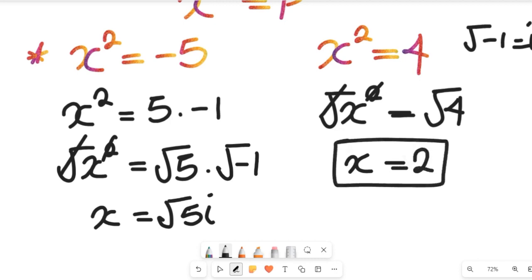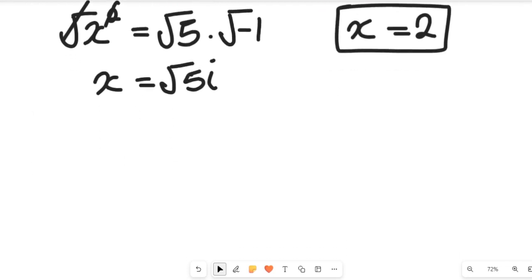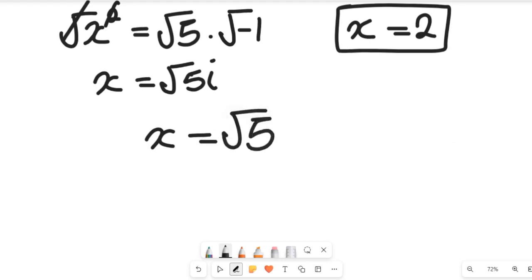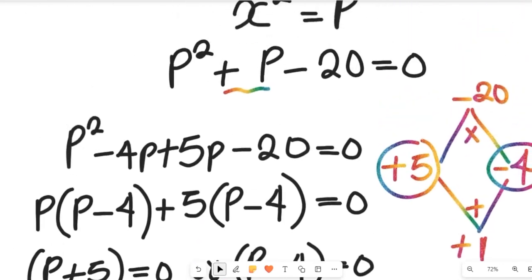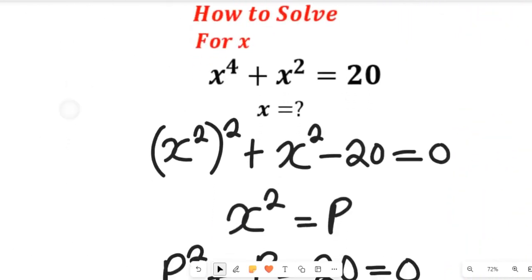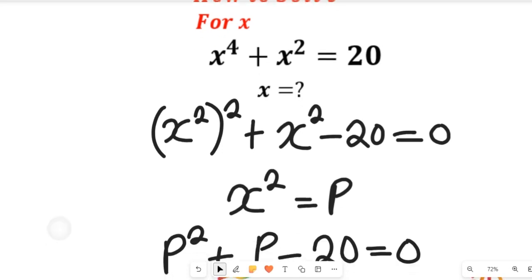So the values of x are the square root of 5 imaginary, which is an imaginary result, and x equal to 2. From the question, we are asked to find the real values of x. So the solution is x equal to 2, because that's the only real solution to this expression.